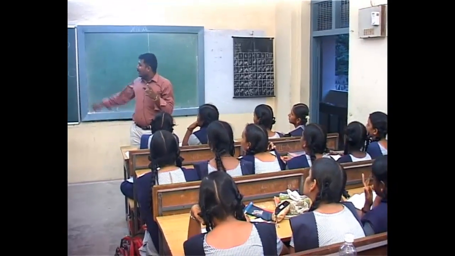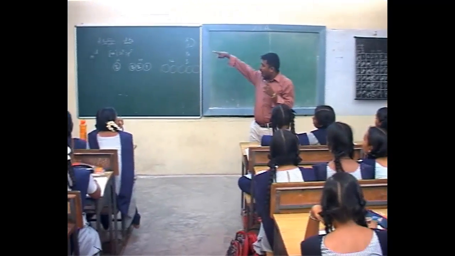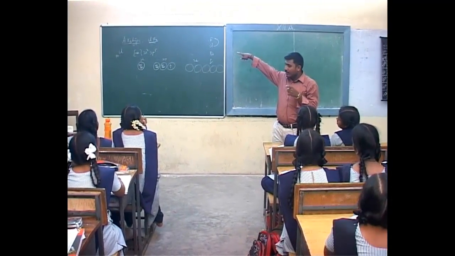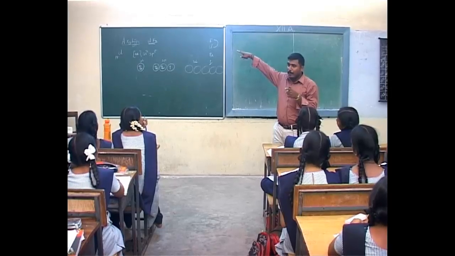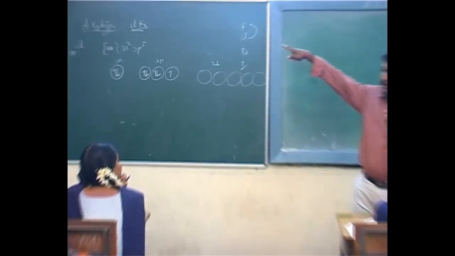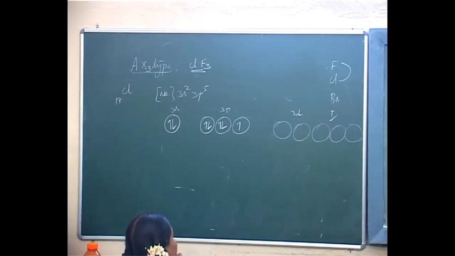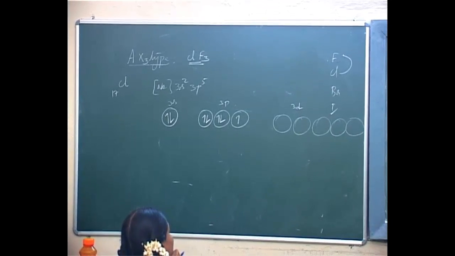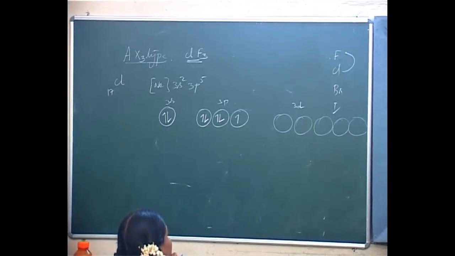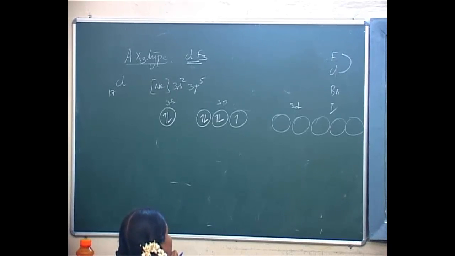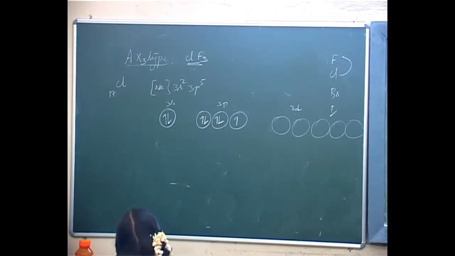Here, how many bonds do you need? 3 fluorine atoms are present, so we need 3 unpaired electrons. But we have only one unpaired electron in the ground state.